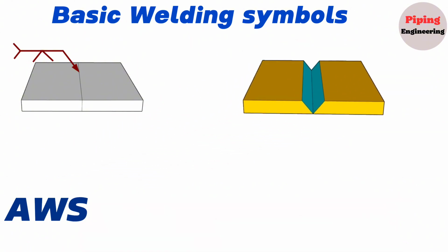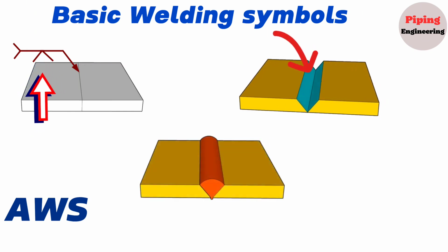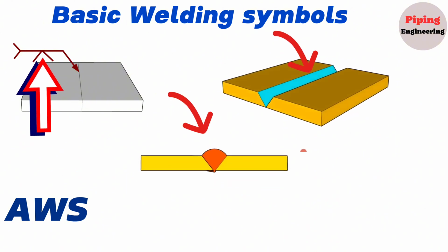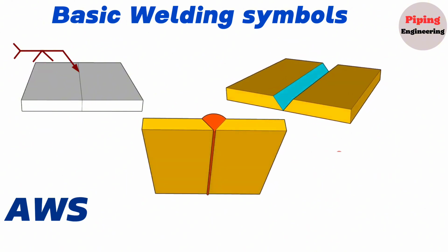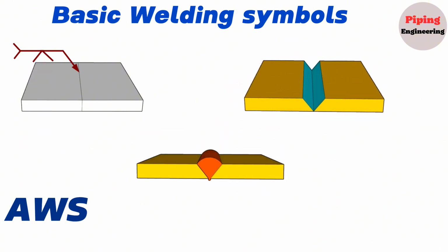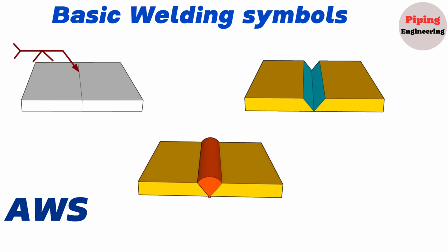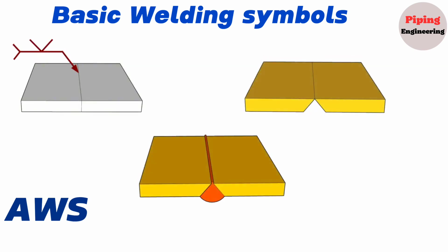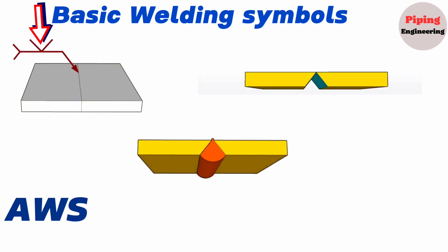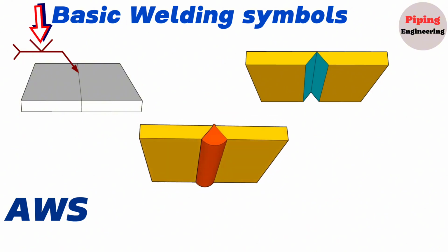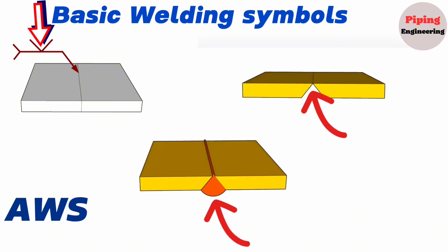If the welding symbol is shown below the reference line, the weld is carried out on the side of the joint at which the arrow points, the top side. If the welding symbol is shown above the reference line, the weld is carried out on the opposite side, the bottom side of the joint.